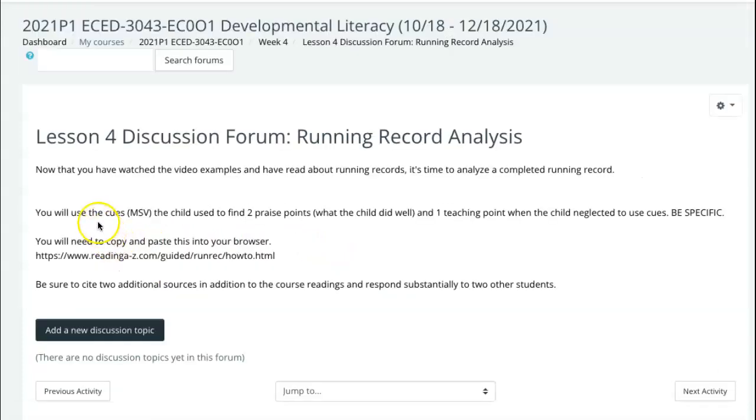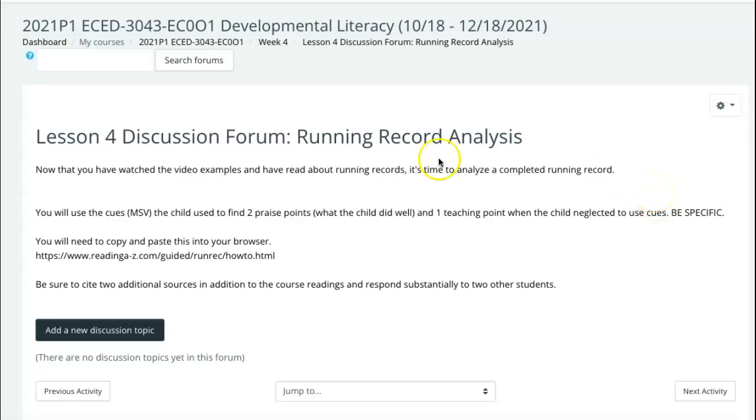Your discussion forum for this week is that you're going to use the cues, MSV, the child used, and find 2 praise points and 1 teaching point about what the child neglected. Let me say that again because I know that didn't make sense.